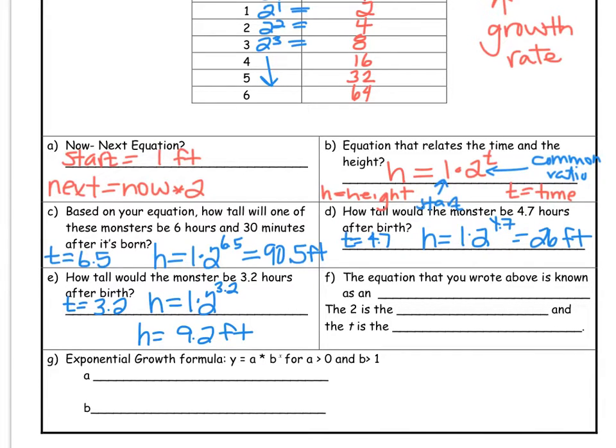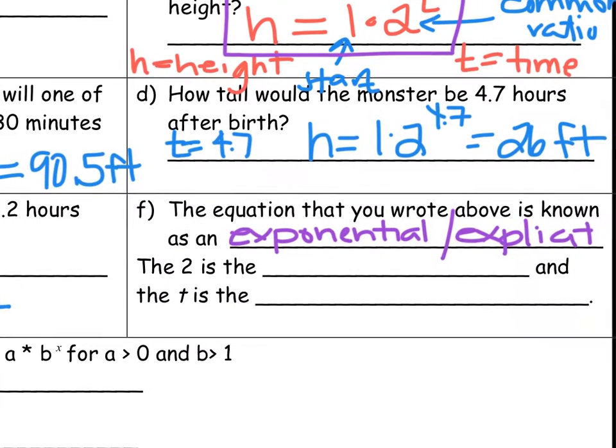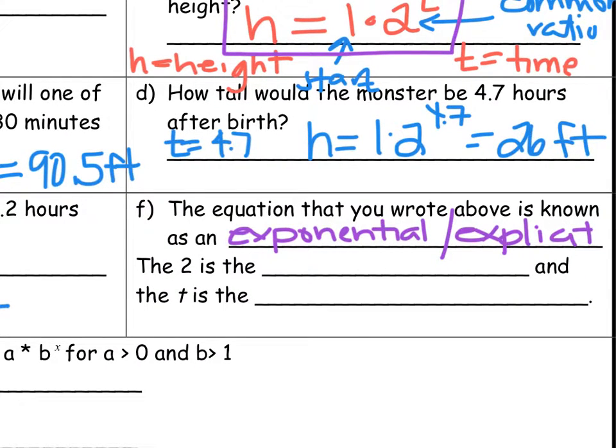So this equation that we wrote over here, this equation right here, that's what we call an exponential equation. It's exponential. We can also call it explicit because it's a y equals. Let me make this a little bigger so you can see it. The 2 is the base of the function.